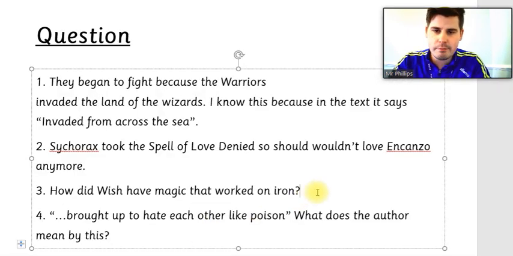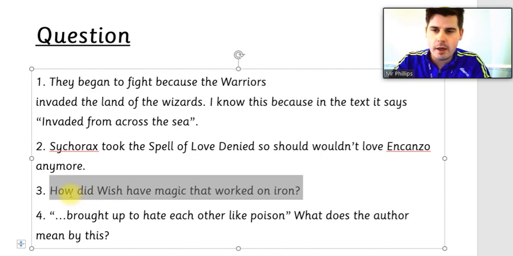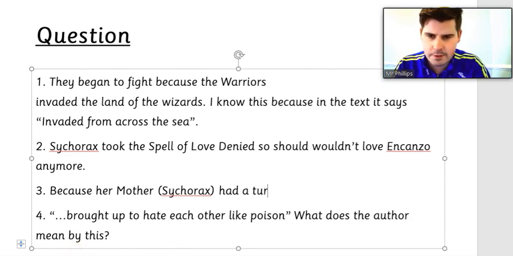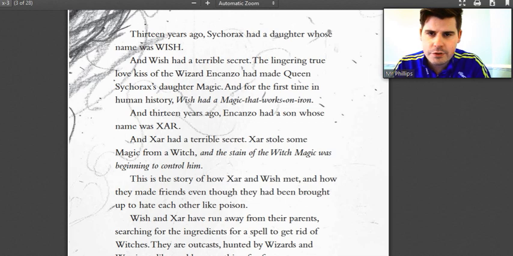So, how did Wish have magic that worked on iron? Because her mother, I'm going to use some parenthesis, Cinchorix, had a true love's kiss. Is that what it's saying in the text? Yes, true love kiss.